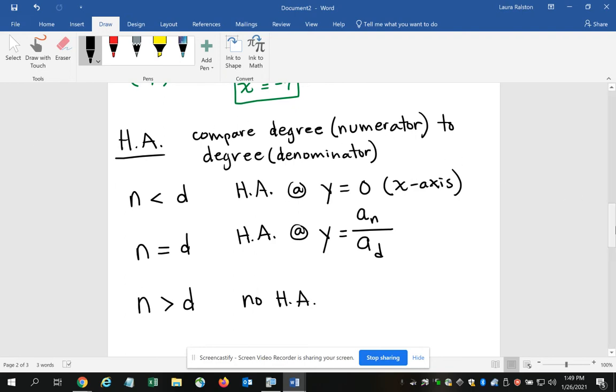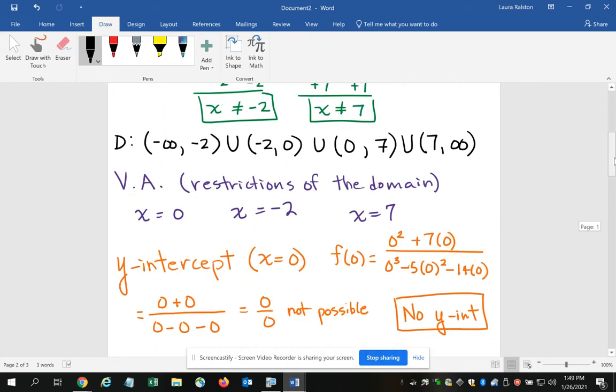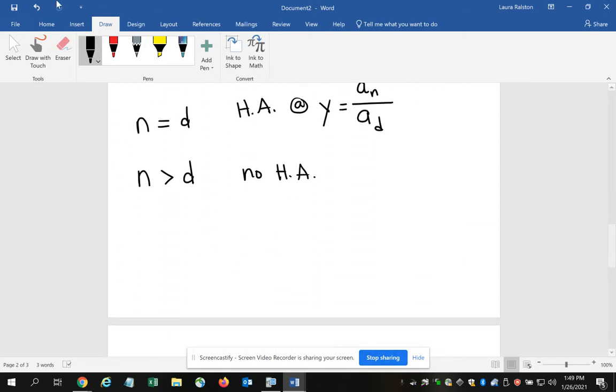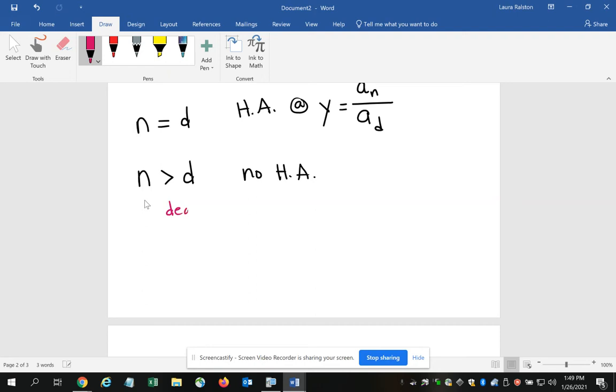So again, if I go back up to the beginning of my problem, the degree of the numerator, which is the highest exponent, is 2, and the degree of the denominator is 3.